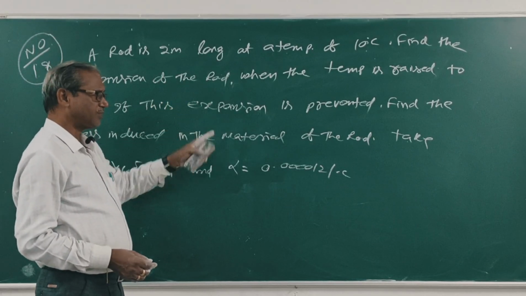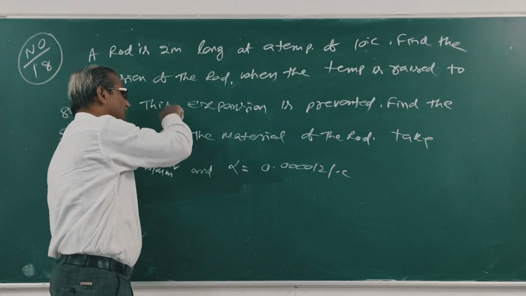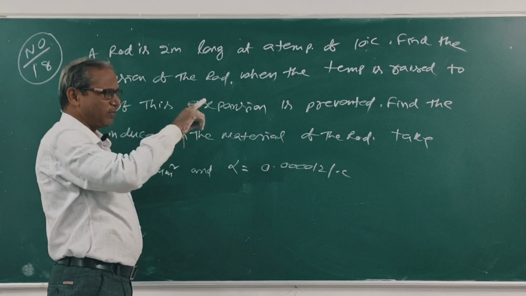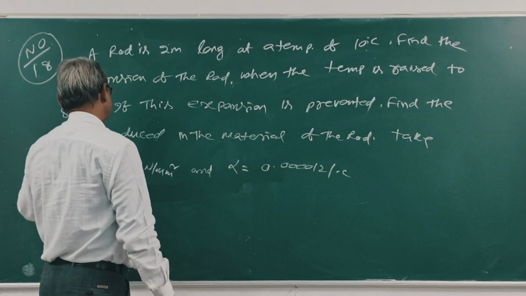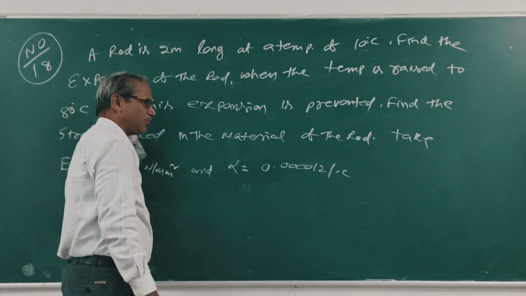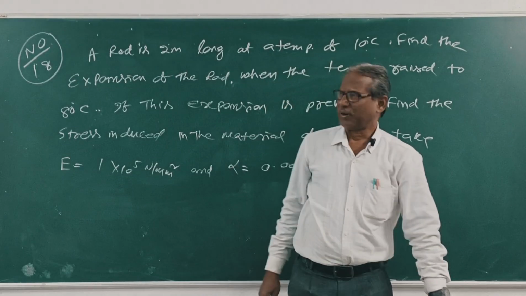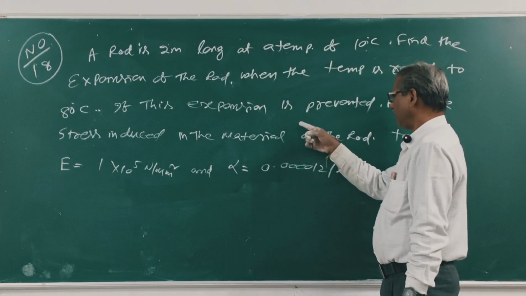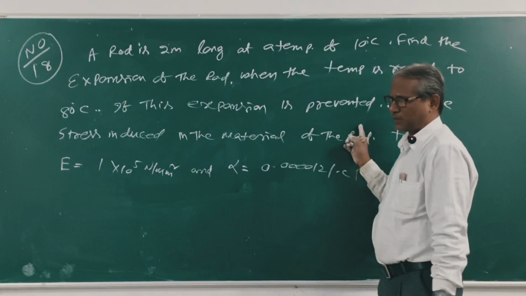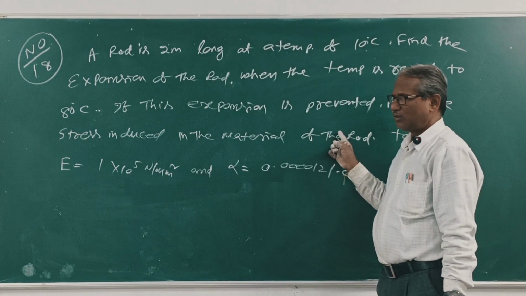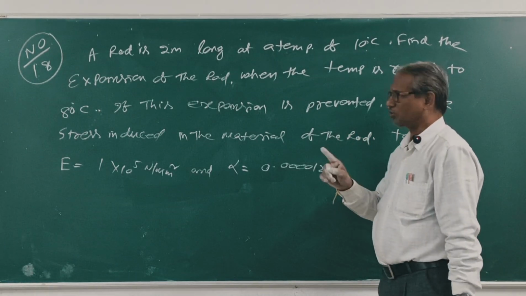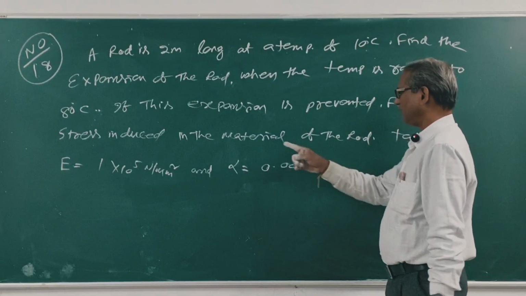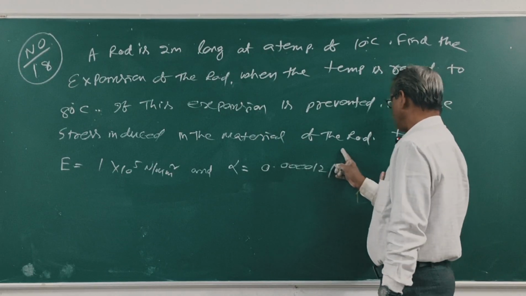Find the extension of the rod when temperature rises to 80 degrees centigrade T2. Initial temperature 10 degrees centigrade, final temperature 80 degrees centigrade. If this expansion is prevented, means some stress is induced. Find the stress induced in the material of the rod.